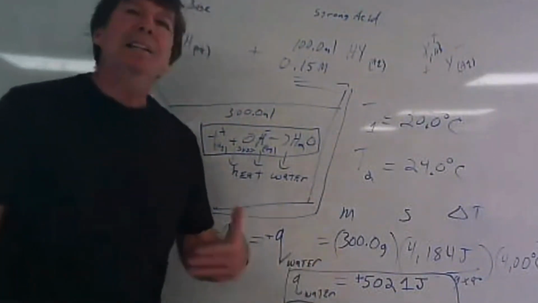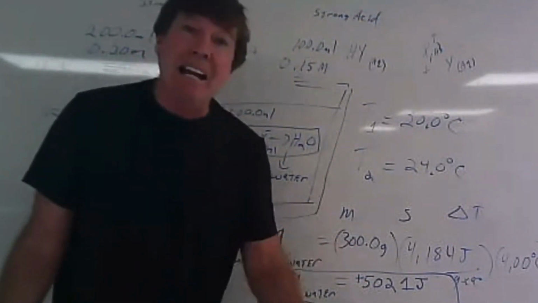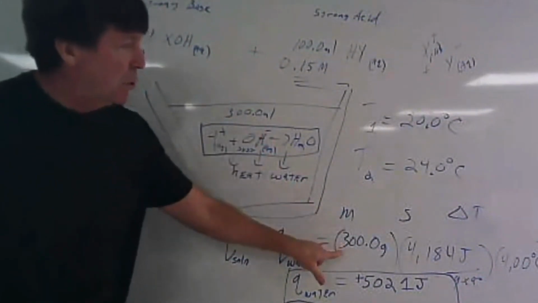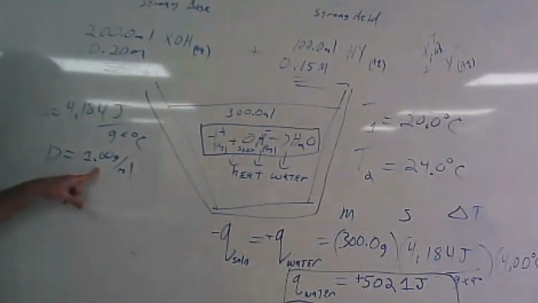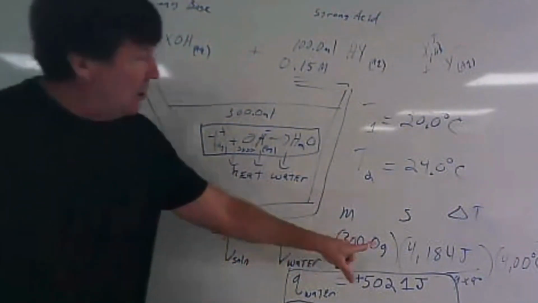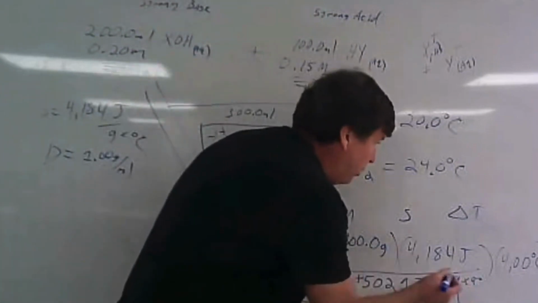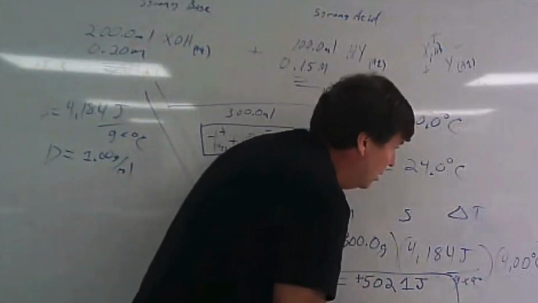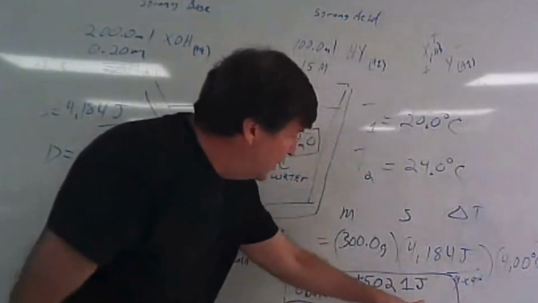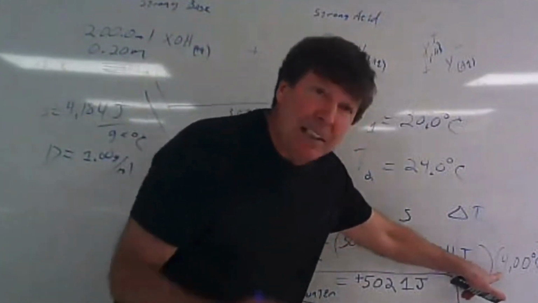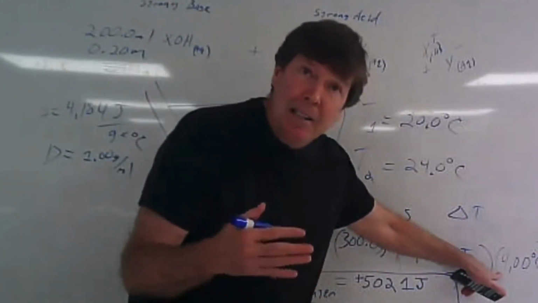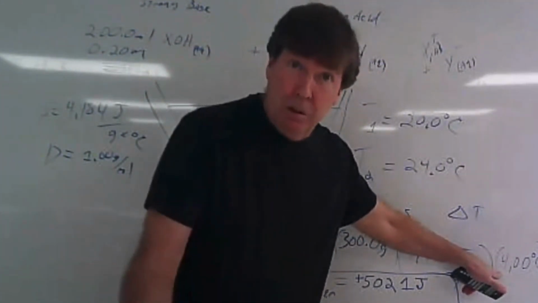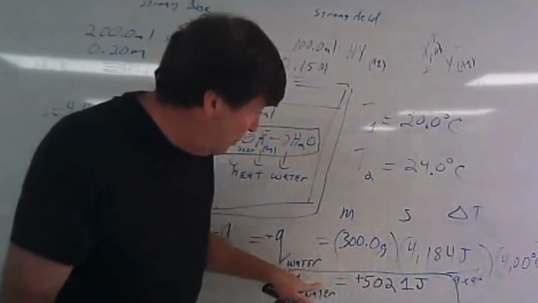All right, easy figuring out the heat gain by the water. Very easy, because we know 300 mL equals 300 grams because of this relationship. We know the specific heat here, joules per gram per degree C. Well, let's show canceling, be systematic. My answer comes out in joules. And notice my change in temperature, change is final minus initial, so 24.0 minus 20.0. That's a positive value. This is all positive.